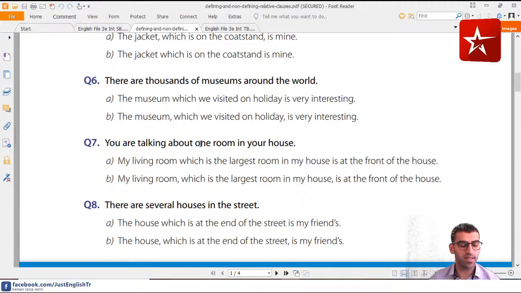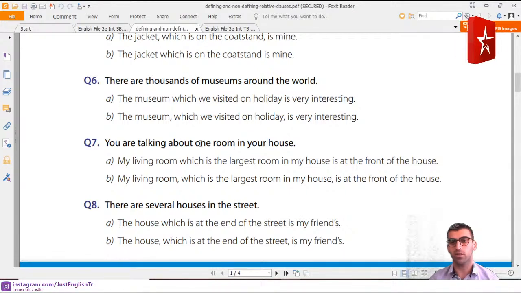It gives us non-essential information, with commas around which is the largest room in my house.